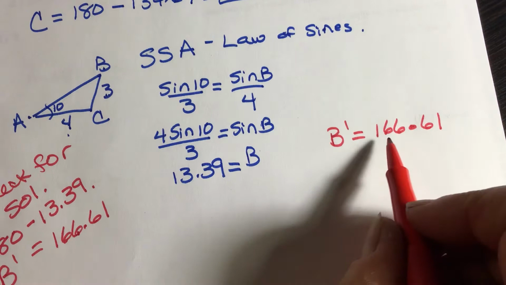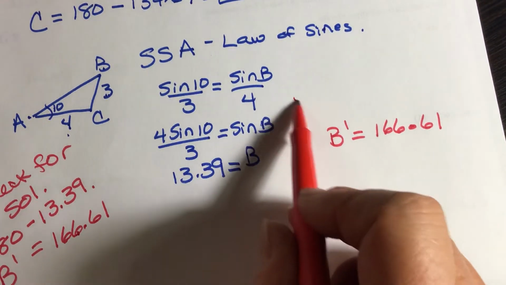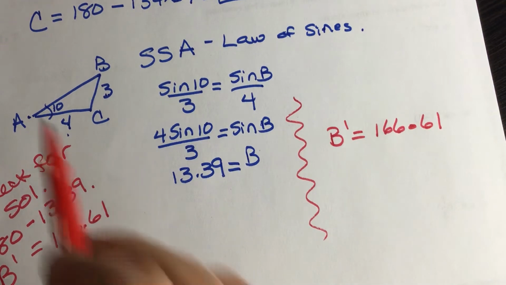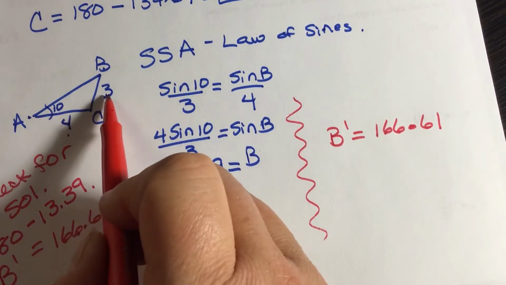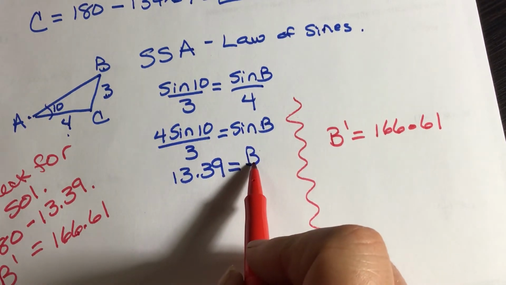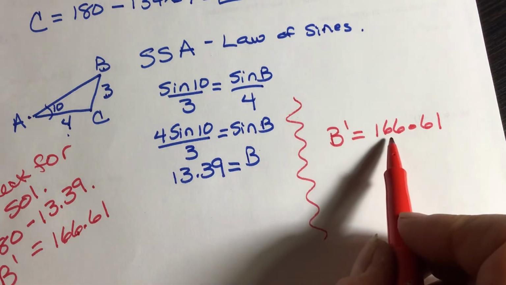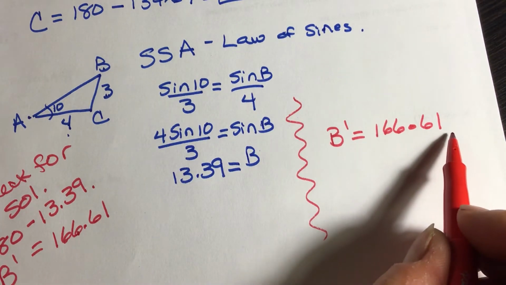Just looking at this, I'm going to have two sets of answers. So angle A will be 10, side A will be 3. Angle B could be 13.39 or 166.61.